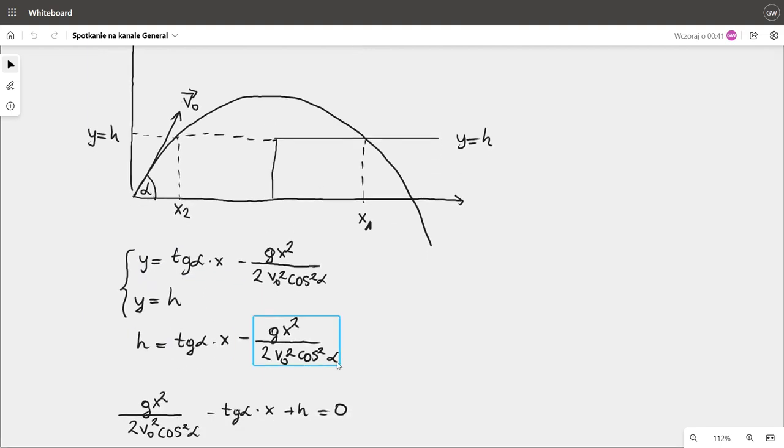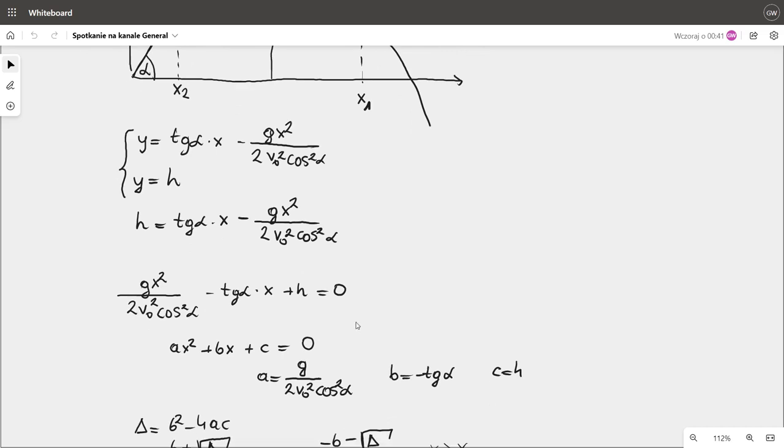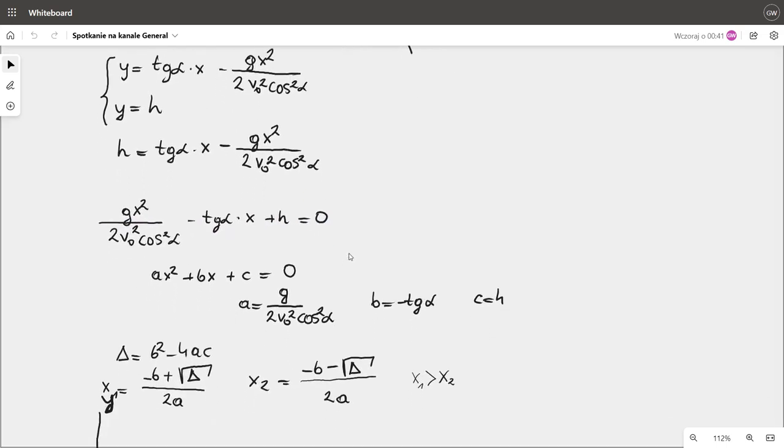We've done it here. And take all these expressions to the left side. As you can see, we have a quadratic equation, and we can calculate the roots of this equation.